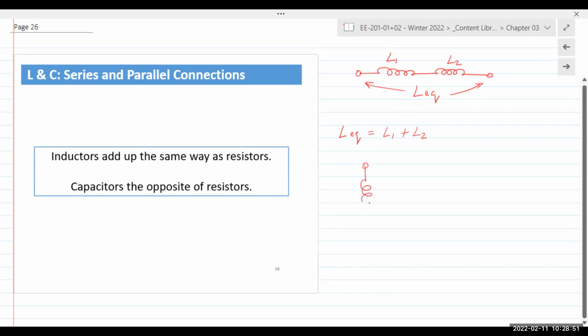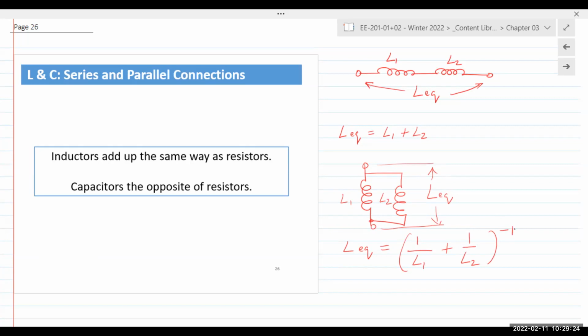If two inductors are in parallel, then LEQ would be equal to the reciprocal of 1/L1 plus 1/L2. Right? The same way as you would add up resistors.